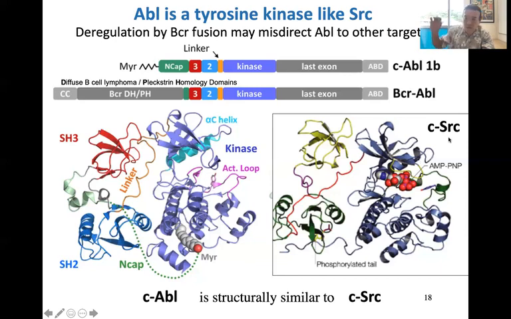Src has strong potentially oncogenic consequences if it improperly activates, because Src is already in a place in the cell where it's ready to interact with those cell cycle pathways. ABL normally is not found there. But if ABL is brought there because half of it is fused to BCR, and BCR wants to go there, then suddenly ABL can also contribute to the activation of those pathways.